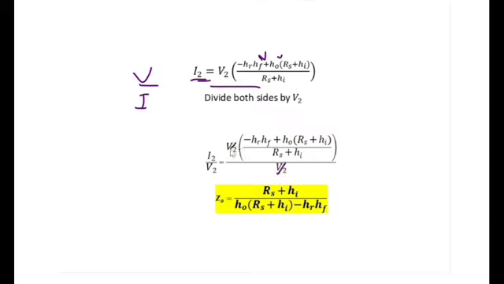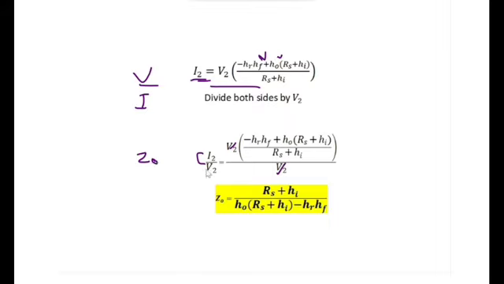So these V2 and these V2 will get cancelled, and if we take the reciprocal, V2 by I2 is nothing but Z, that is output voltage by output current. If we reciprocate this, then the output voltage by output current is nothing but impedance, that is output impedance.